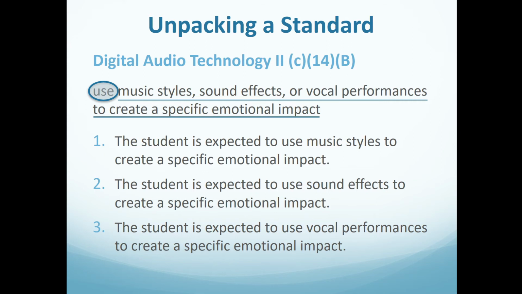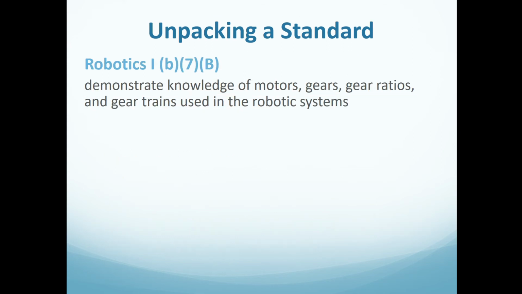Let's look at another example from Robotics 1. First, find the concept or concepts, the what, and again, underline those main ideas. Motors, gears, gear ratios, and gear trains. Next, look for the verb or skill, the how. What does it want students to do with the concept? Demonstrate knowledge.